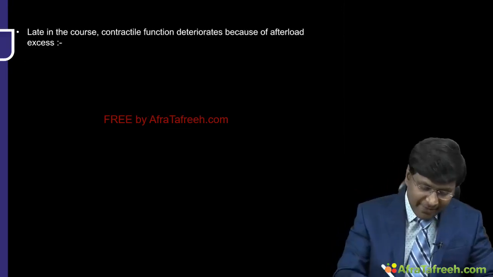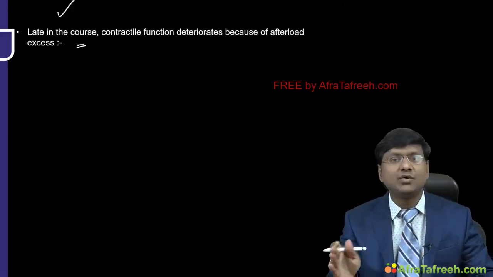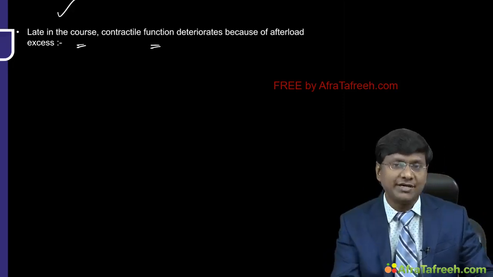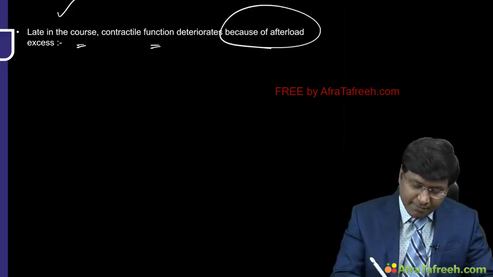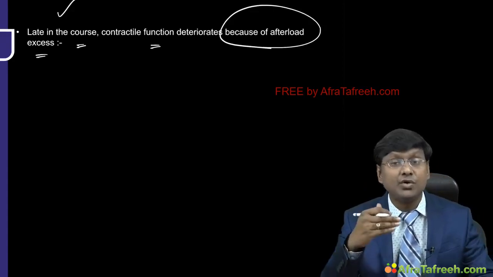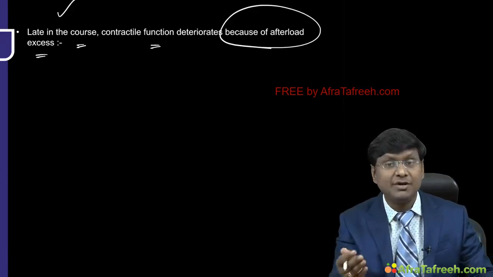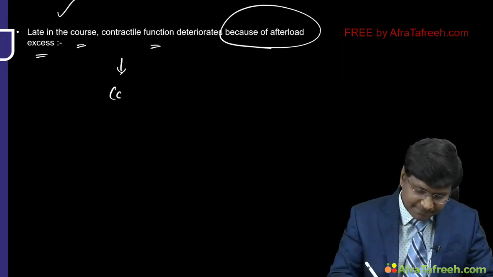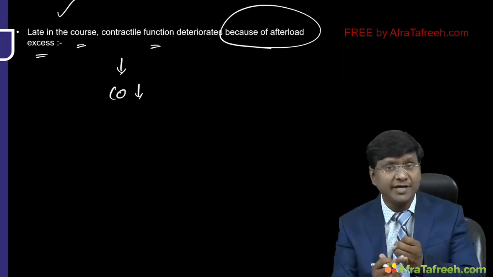So what happens is, late in the course, the contractile function deteriorates. Why? I have already told you, because of the afterload excess. Because of which the cardiac output decreases.